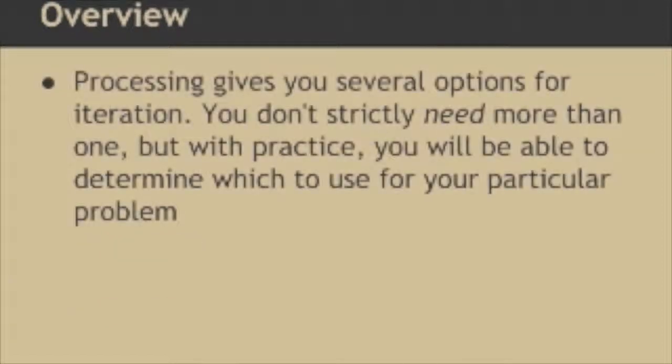All right. Well, the processing programming language actually gives us several options of loops or iteration structures. You don't have to use them all. Really, you could get away with just one. But with practice, we'll be able to tell which one to use for a particular problem. And some are more appropriate to certain situations than others. So it's a good idea to learn all of them, and then you'll be able to choose the correct one when you need it.